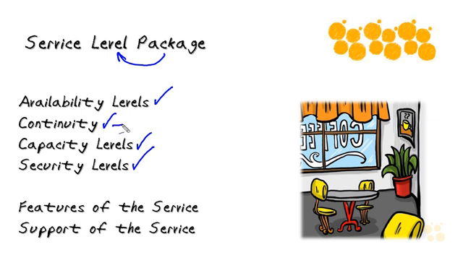So if we're thinking about utility and warranty, this is mostly about the warranty side of things, right? And this is more about the utility of it: the features of the service. Maybe you get certain features, like Office 365, a great example, where you get the ability to download a copy of Office 2013 to your desktop. Well, that's one, but then they also have the email-only way of offering Office 365 to people.